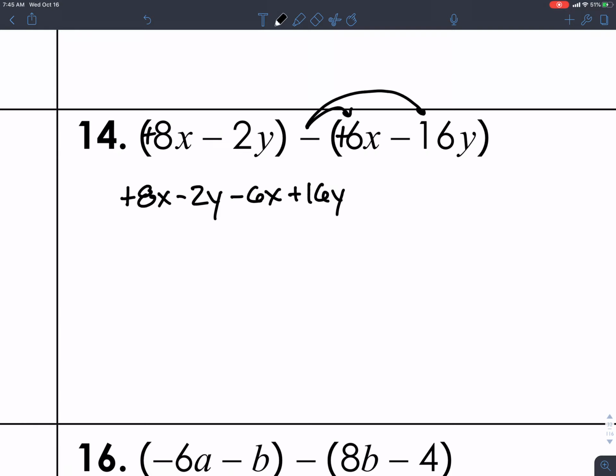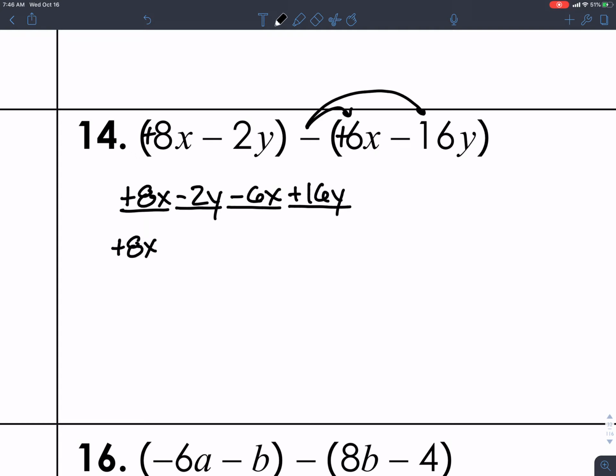So now let's underline. We've got some interesting stuff going on here. I've got a positive 8x, negative 2y, negative 6x, positive 16y. Let's move the terms that are like together, so the x terms need to go together. I'm going to put the x, and you also want to go alphabetically. So x comes before y, so I want to put my x terms first.